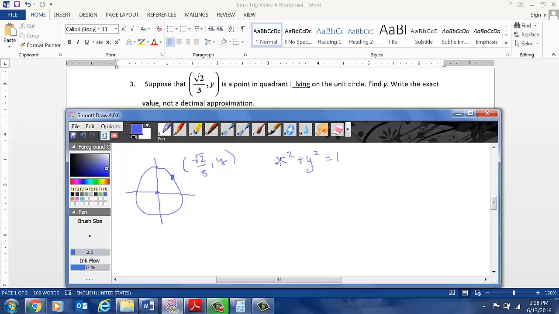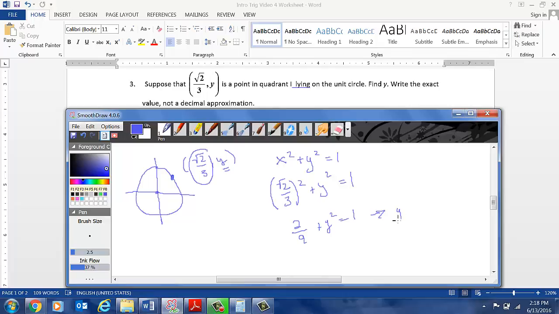So I know what x is. X is square root of 2 over 3. I'm looking for y. So I'm just going to make that substitution to find y. So in for x goes square root of 2 over 3 squared plus y squared equals 1. I'm just going to solve for y. So let's see, square root of 2 squared is 2. 3 squared is 9.